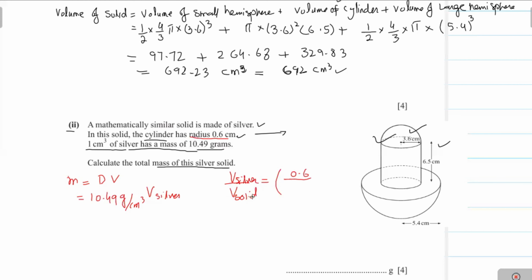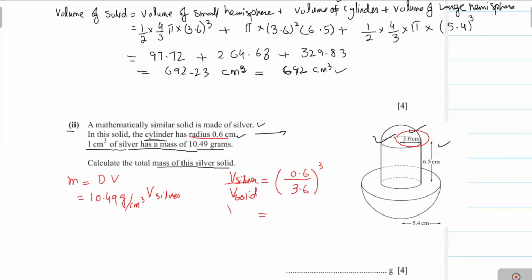The corresponding length of the similar solid, the radius of this solid is 3.6 centimeter, because the silver solid cylinder has radius 0.6 centimeter. The similar solid has radius of this cylinder 3.6 centimeter. We take the cube of this ratio.